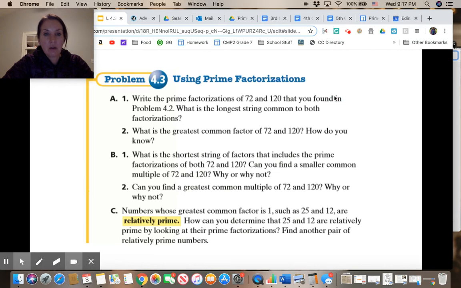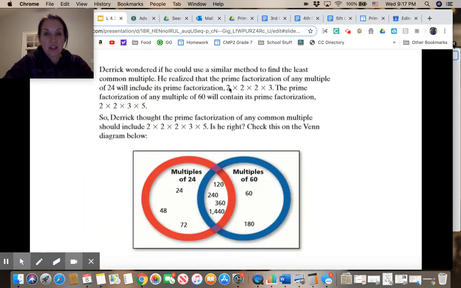So you are going to use the prime factorizations of 72 and 120. We already found those. If you have your paper from yesterday, you should find that again. What was the longest string common to both factorizations? So what is the prime factorization that would include all the numbers that both of them have? Remember on here, we did not repeat the 2 by 2 by 2 by 3 by 2 by 2 by 3 by 5.